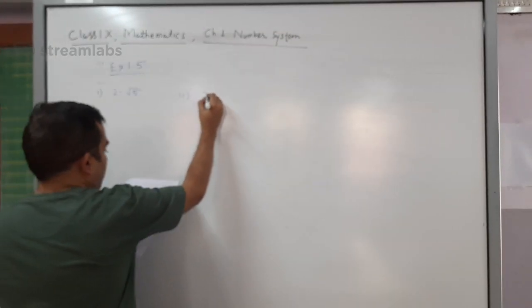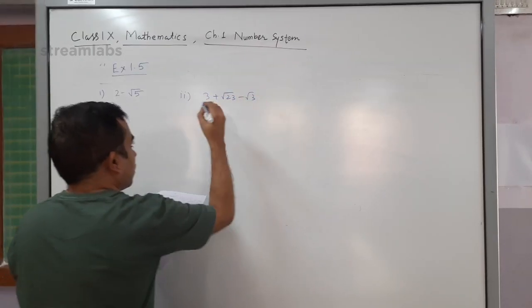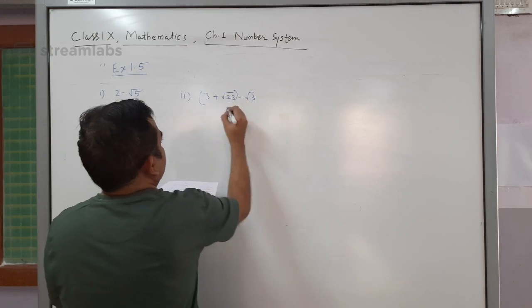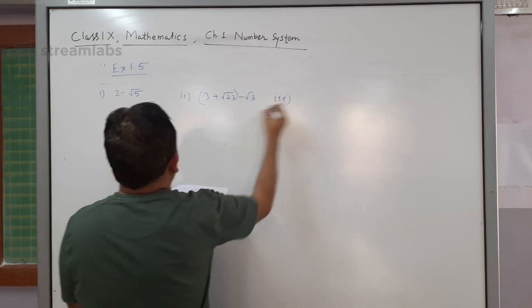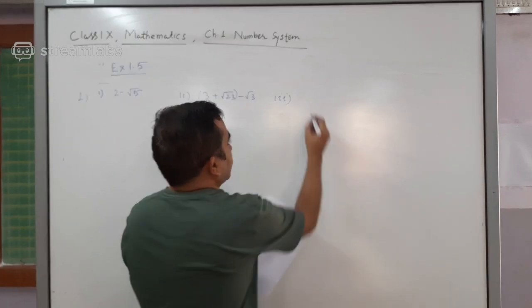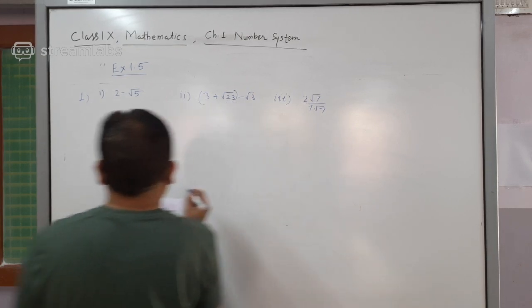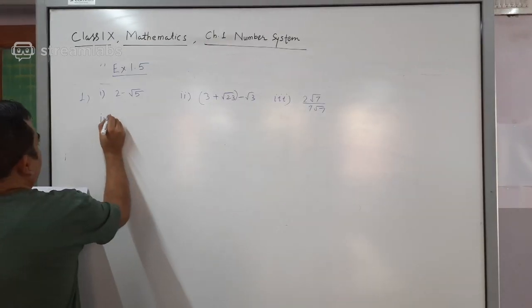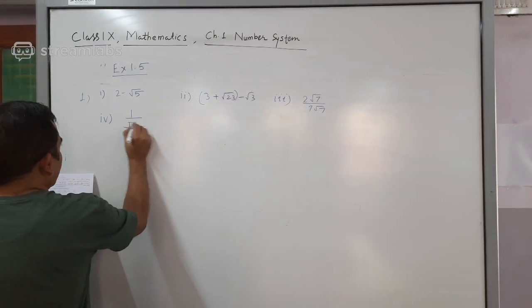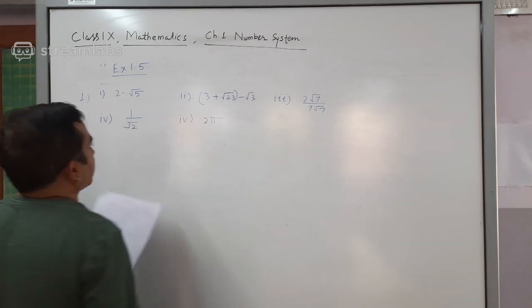So let's see. 2 root 7 upon 7 root 7, 1 upon root 2, and this is 2 pi.